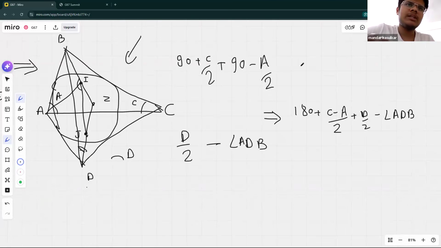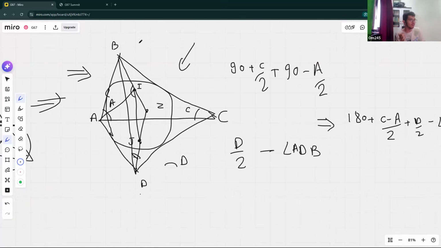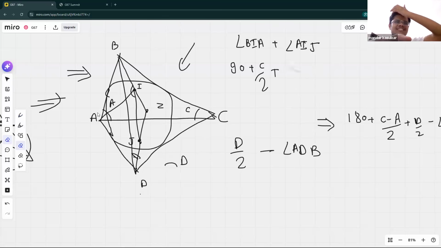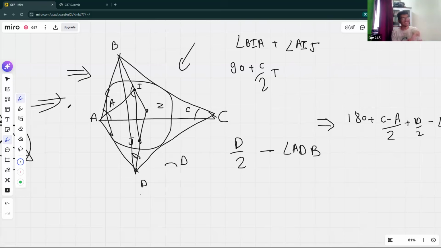How did you calculate angle BIJ? BIJ, so this is angle B, okay, I should have explained that. BIA, and this is angle A. Okay, my bad, it should be AIJ. We don't know exactly this angle. Yeah, exactly.